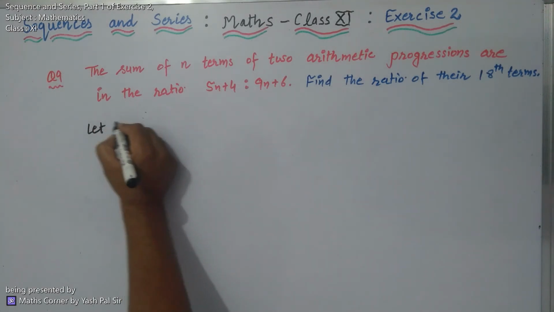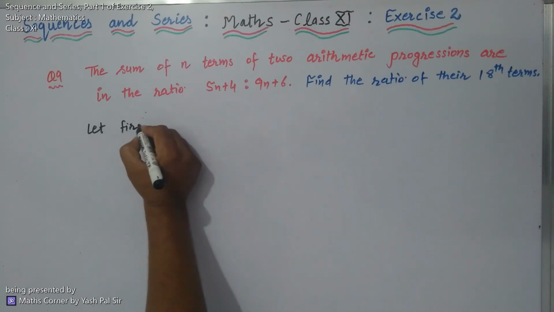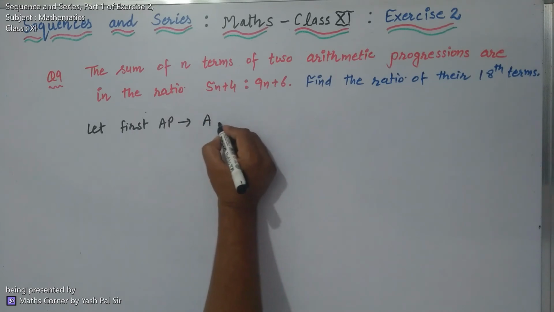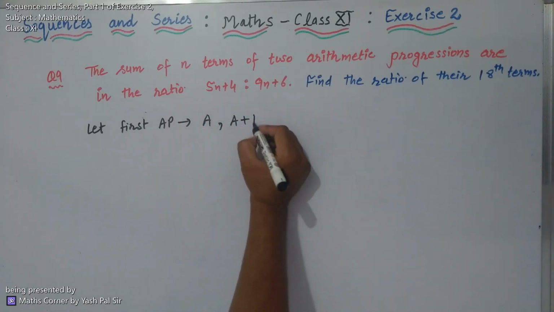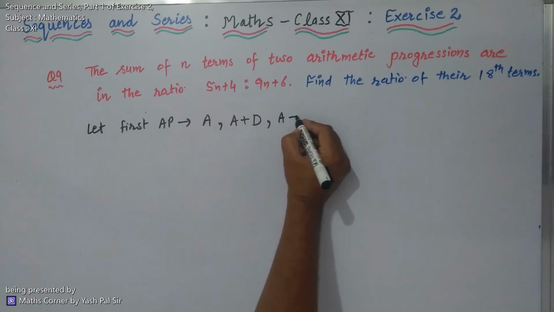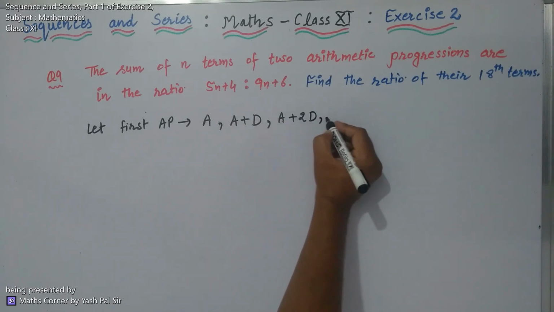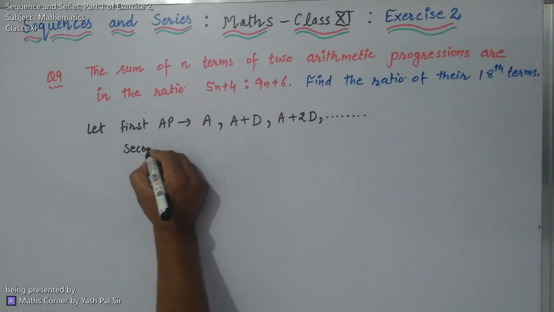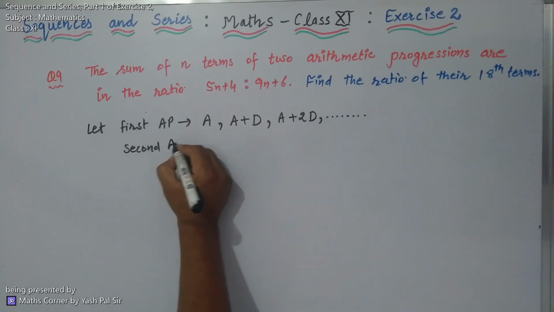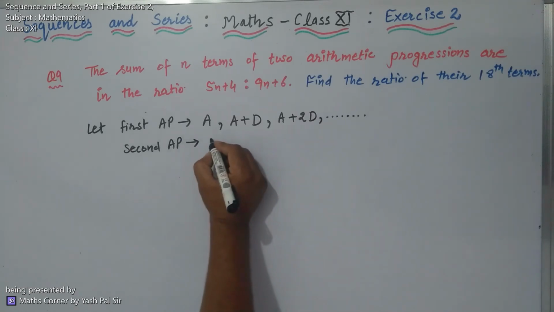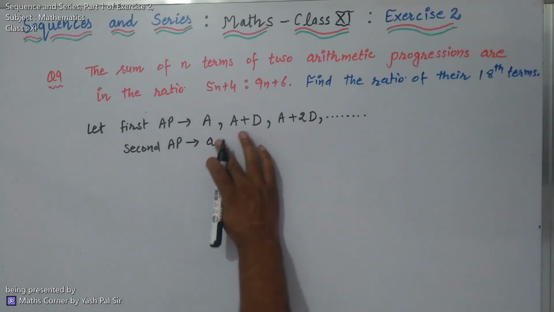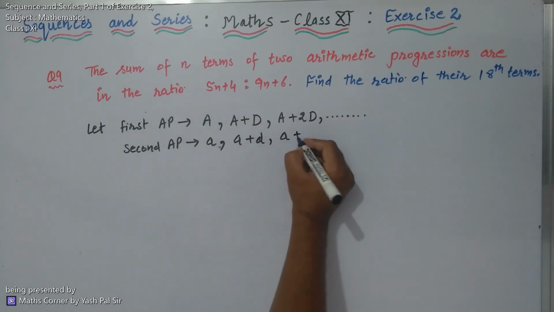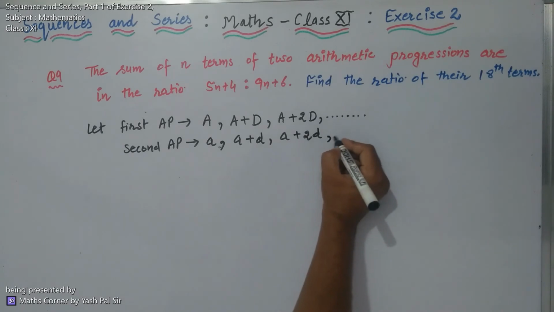Let the first AP be A, A plus D, A plus 2D and so on. The second AP we consider as small a, small a plus small d, small a plus 2 into small d and so on.